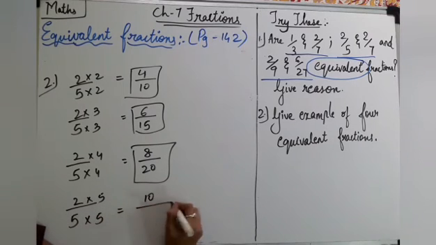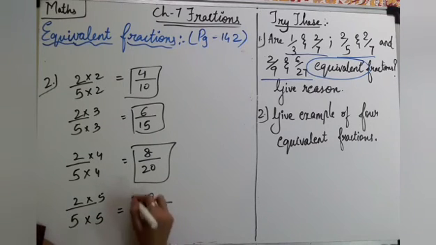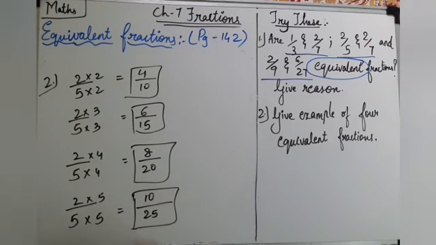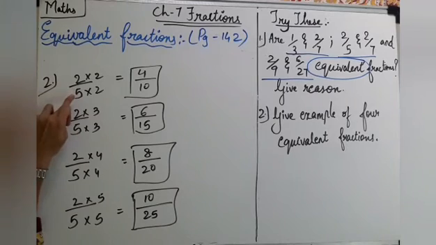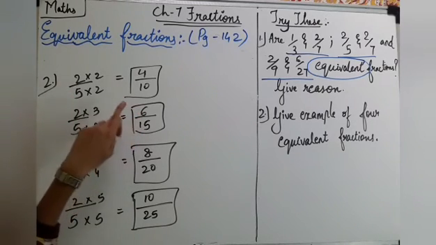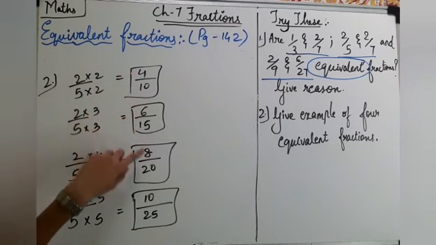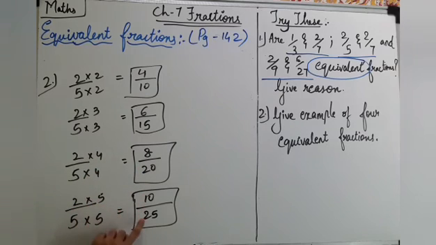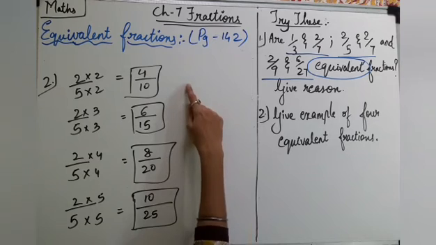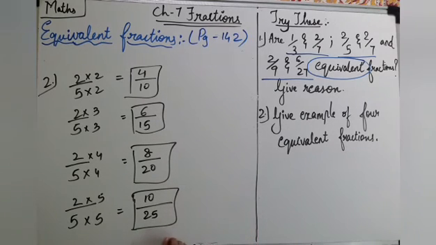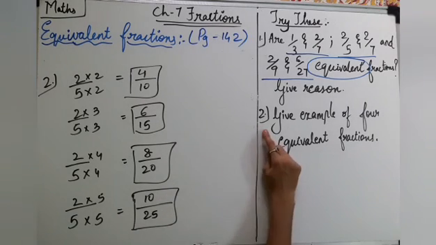So 10 upon 25. So 2 upon 5 is equivalent to 4 upon 10, 6 upon 15, 8 upon 20 and 10 upon 25. So these are the 4 equivalent fractions which they have told us to find in question number 2.